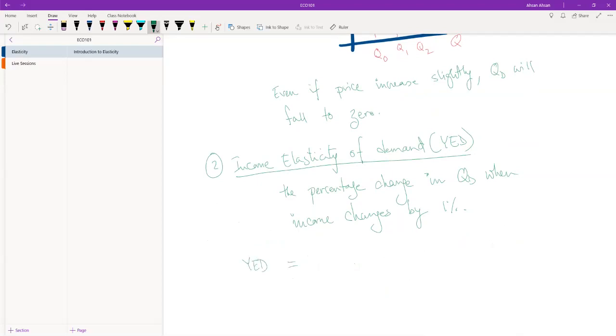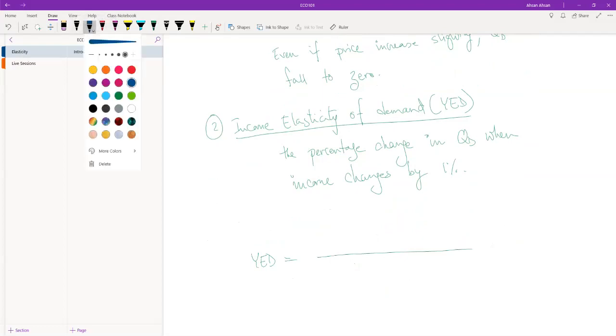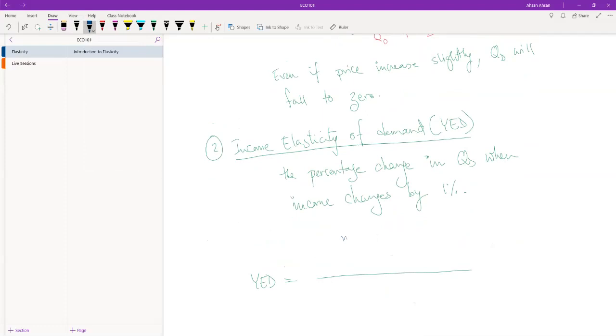Okay, so the formula for YED is, let me write this down. So what we are going to get is new QD minus old QD, this whole thing divided by new QD plus old QD divided by 2.